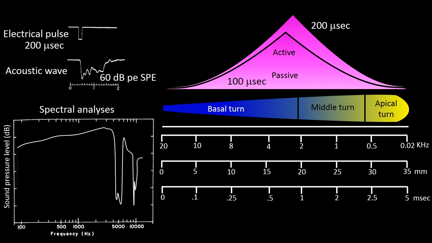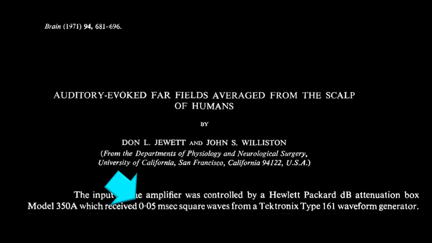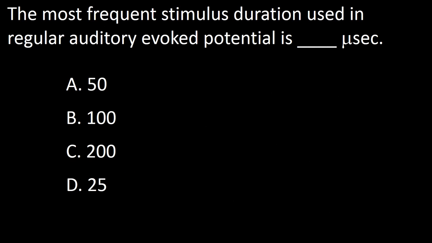As you can see, there is not much difference, yet at times in the OR, increasing the duration of the electrical pulse is enough to improve resolution. In the classical experiment by Jewett and Williston, only 50 microseconds were used. So the answer to this question is B.